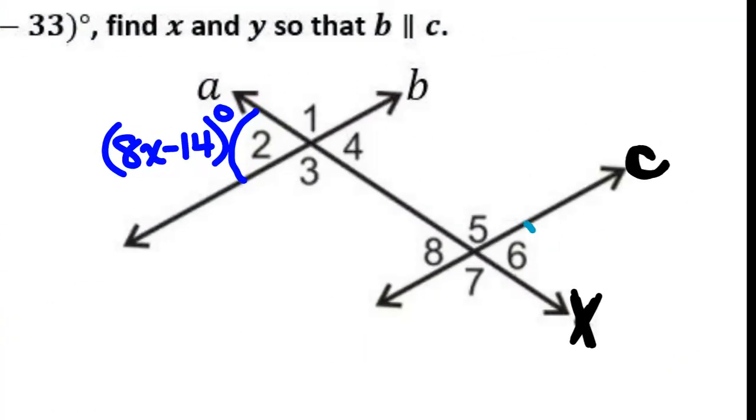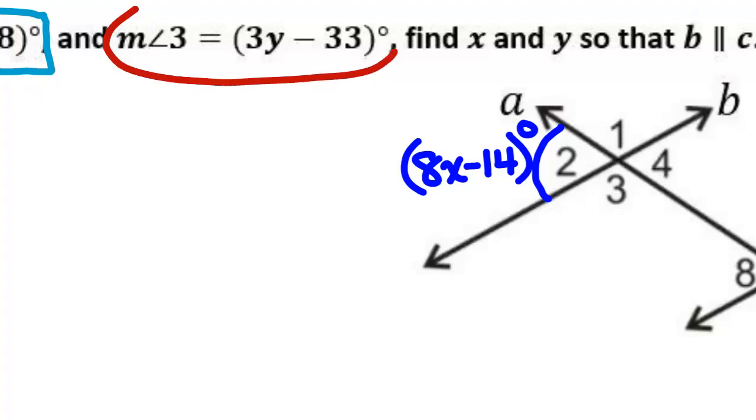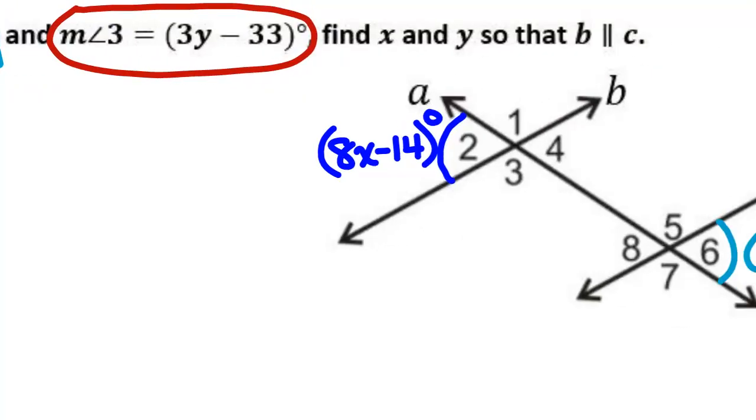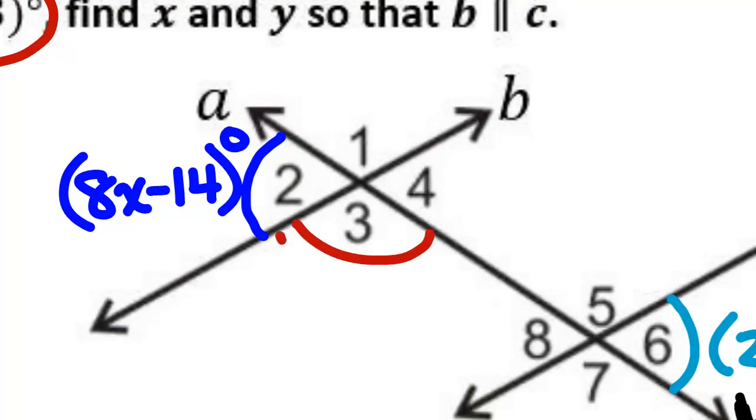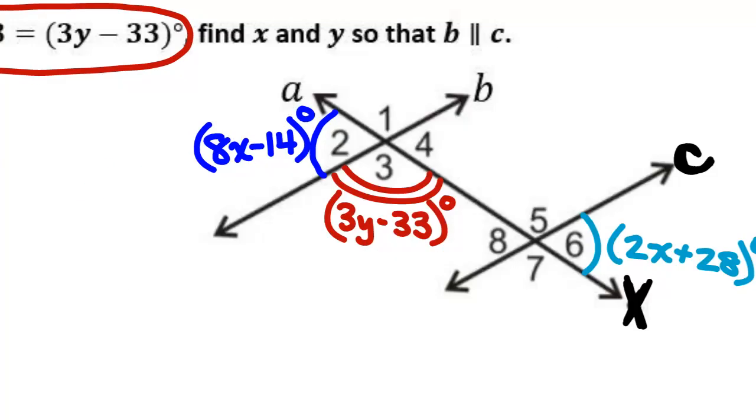Angle 6 is here. 2x plus 28 degrees. And then we have the measure of angle 3, which is 3y minus 33. Angle 3 is right here. 3y minus 33 degrees. Find x and y so that line B is parallel to line C.